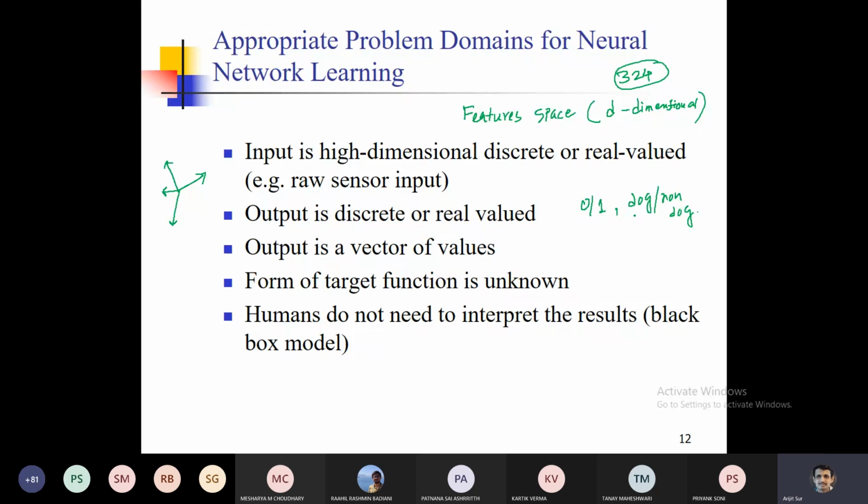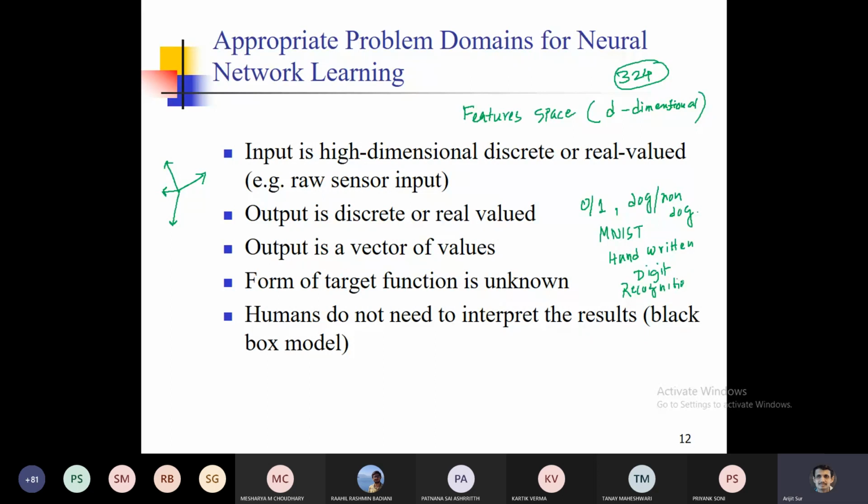Take the MNIST data set that we have discussed: it is handwritten digit recognition.